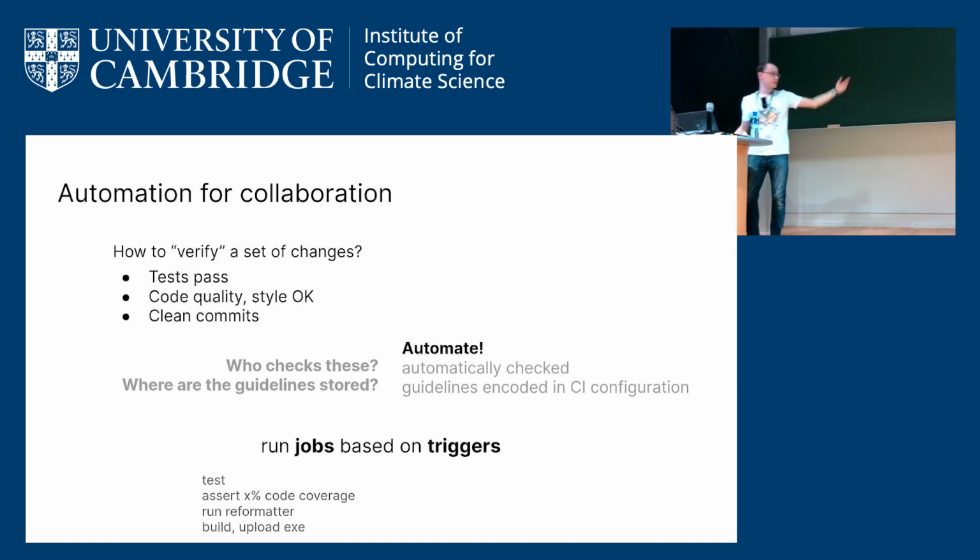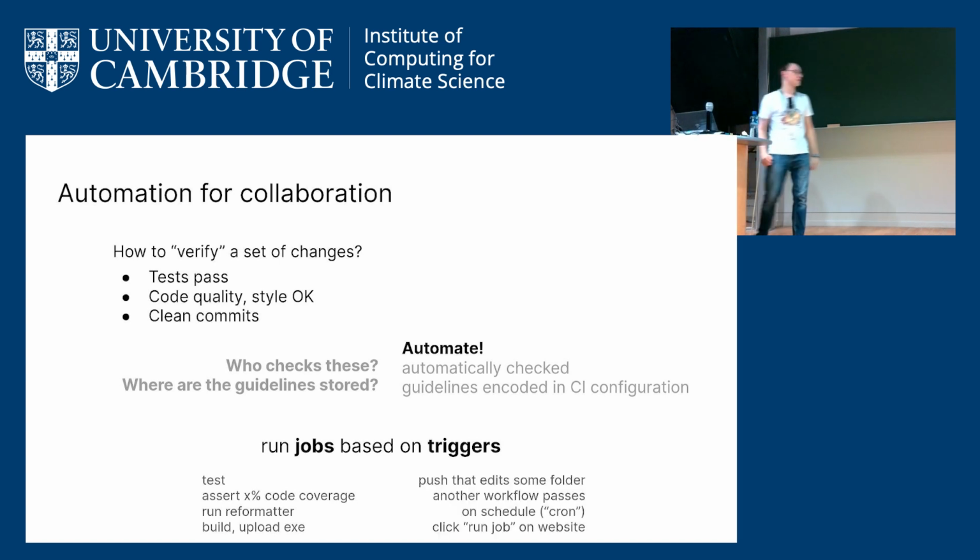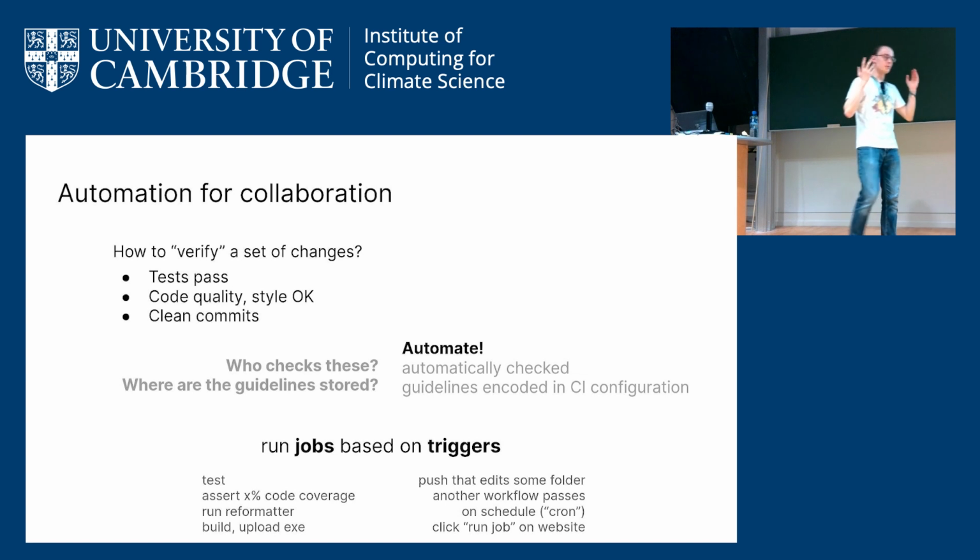I'm only showing nice simple ones, but you can also go quite overboard. And similarly with triggers, the most common trigger would be something like you make a change to your repository and it runs one of these jobs, for example, all of your tests. But you can go a bit further if you want. If you have a more complex piece of code, you can connect workflows together by saying, I want to run workflow X if workflow Y passes.